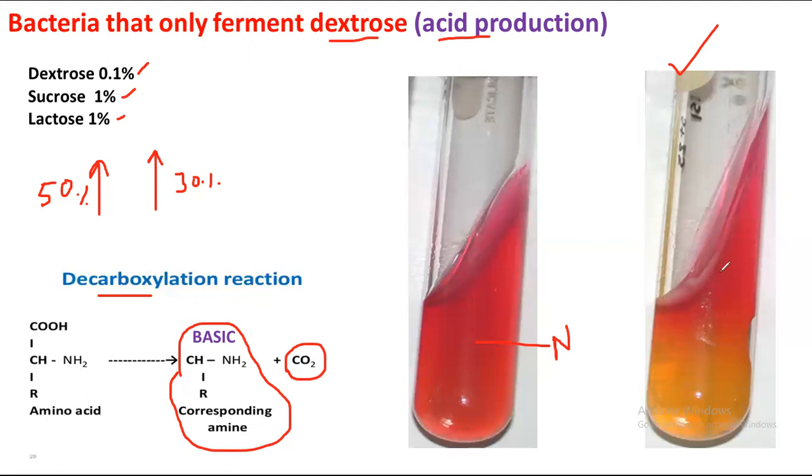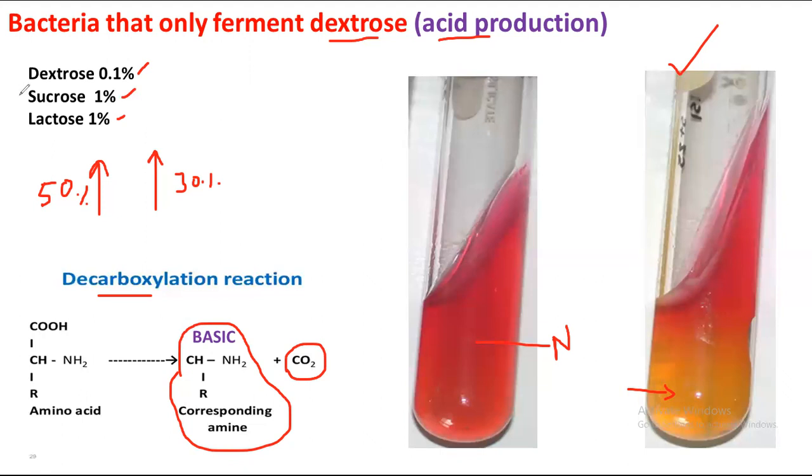Just look here at the yellow color. It is not that bright because here is acid, but in a lower amount because that acid is neutralized by the amine. And because dextrose is in lesser amount, it is being fermented by that bacteria, but in a lower amount.